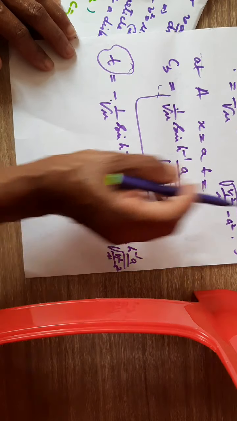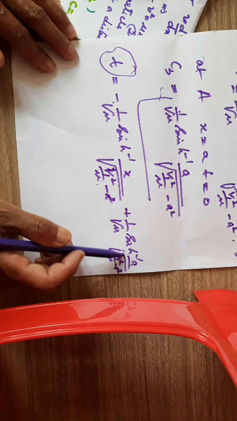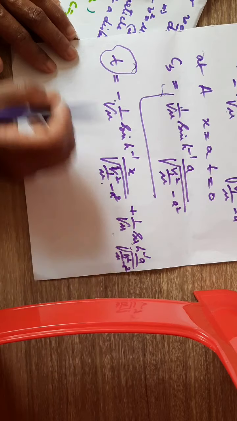But on simplifying this one, you can also transfer this to this side, which is independent of x.